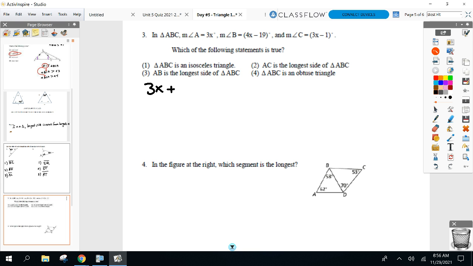3x, 4x minus 19, and 3x minus 1 have to add up to equal 180. 180 degrees in every triangle. That should get you guys to x.